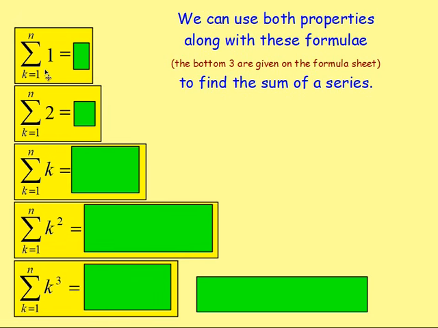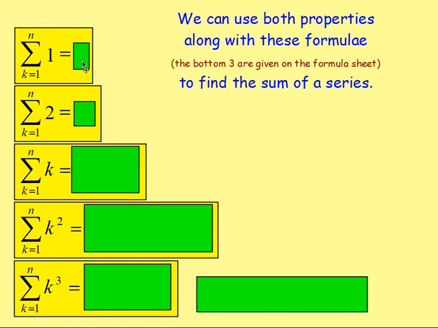So let me explain. If you have the sum of 1 going from k equals 1 all the way up to n, what I mean by that is if you had a 4 at the top here, you would have 1, that would be the first term, then 1 again would be the second term, 1 again would be the third term, and 1 again would be the fourth term. So it's really the sum of 1 plus 1 plus 1 plus 1.